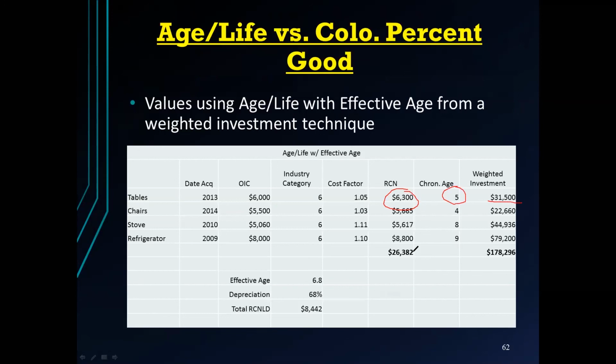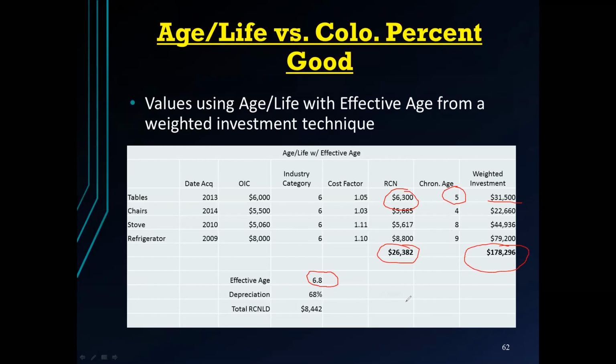Then you add up all of your RCNs down here, you add up all of your weighted investment numbers, and you divide the two by each other. And what that will come up with is an overall effective age. So what it's saying is, for this entire group of assets, even though they have different chronological ages, the effective age for the aggregate is 6.8 years.